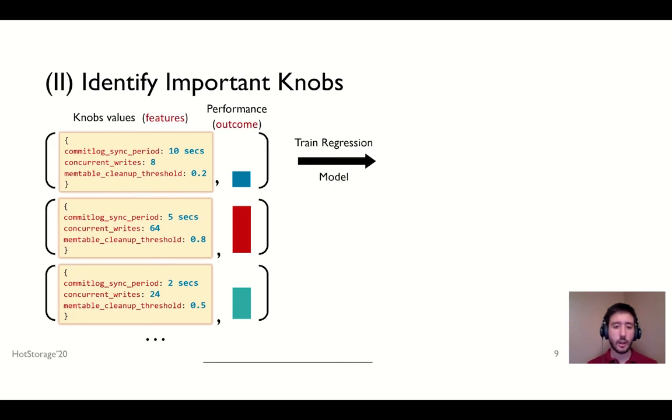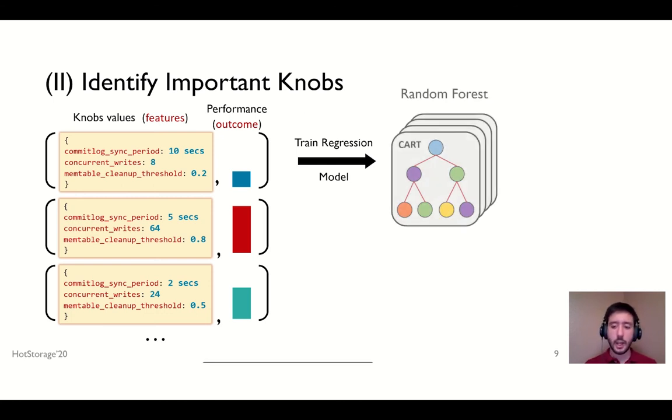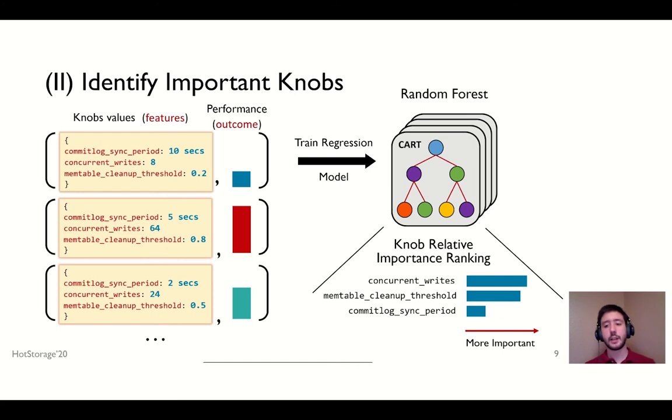So, as we said earlier, we end up with a dataset, and then we use a regression analysis in order to identify which knobs are important. In this work, we use a machine learning model called random forest, which allows us to look inside how this model was created in the first place and which features, or knobs in our case, are important.